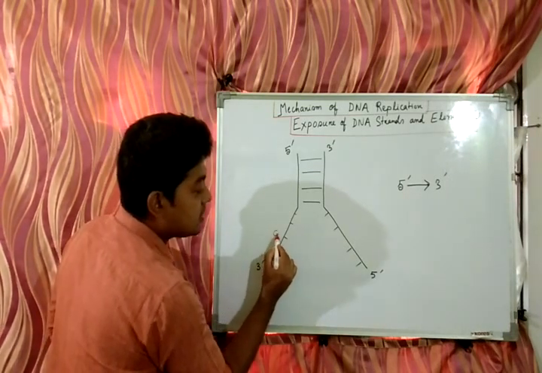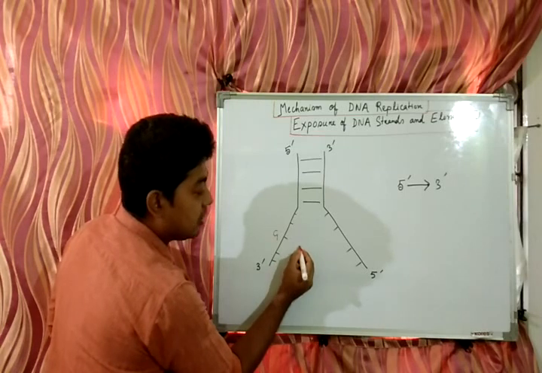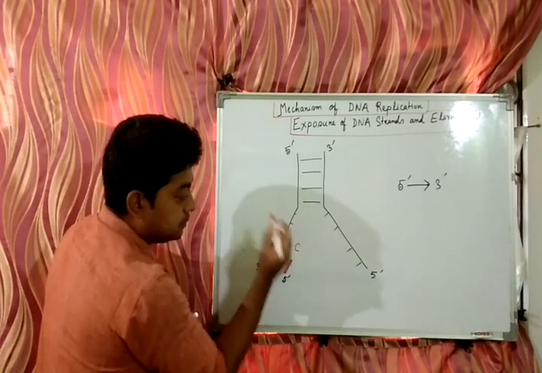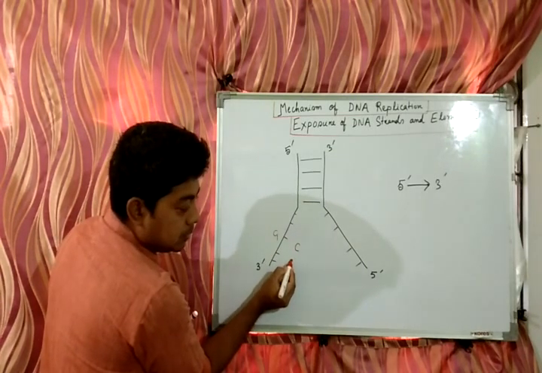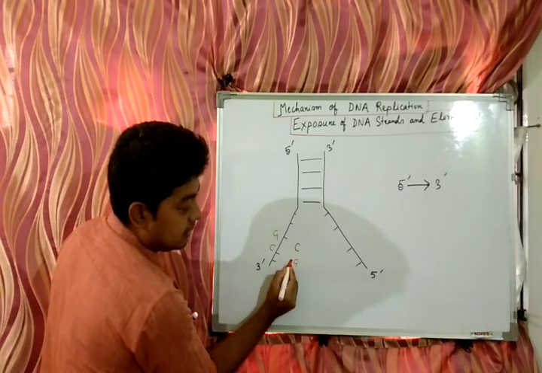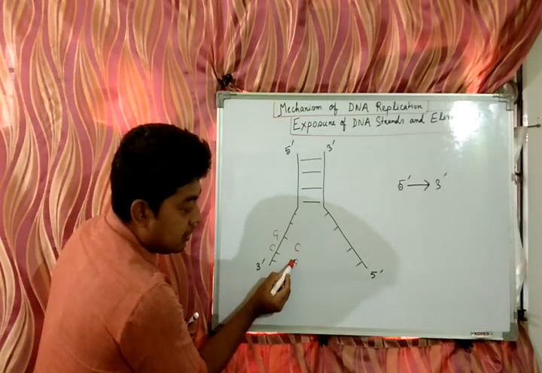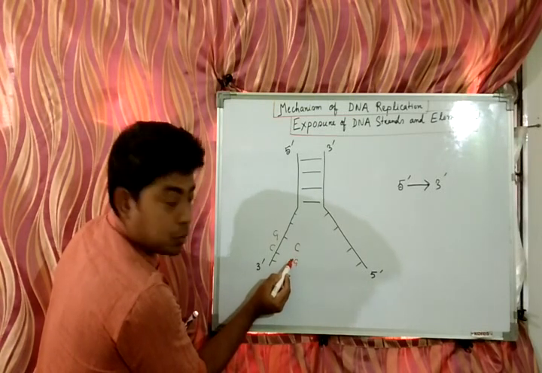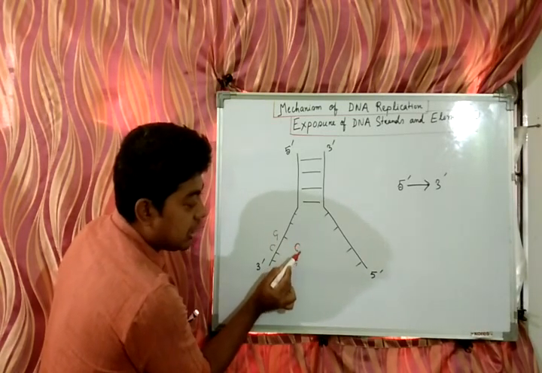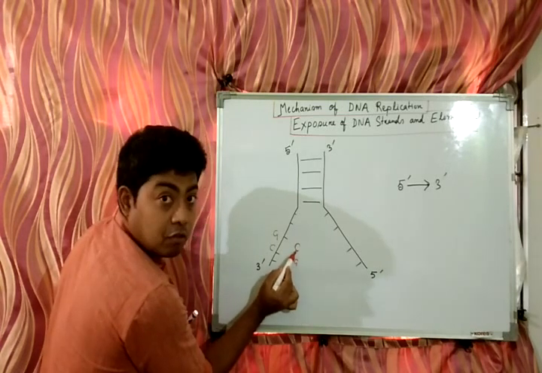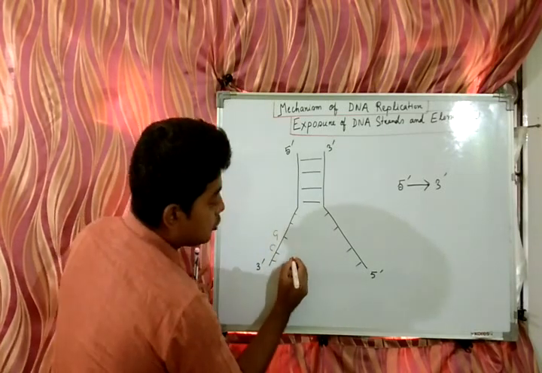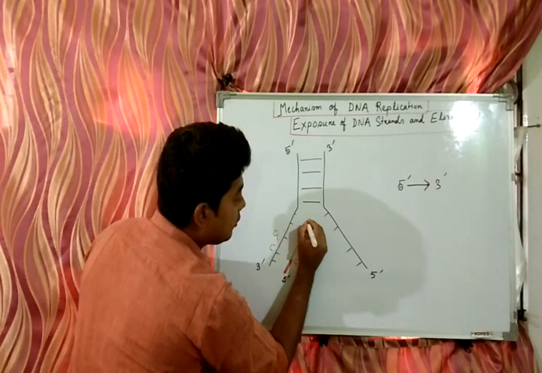If here there is guanine, then DNA polymerase can join cytosine. That nucleotide contains a free OH group and binds with the guanine with the help of a phosphodiester bond. In the 5 to 3 direction, it is synthesized continuously.